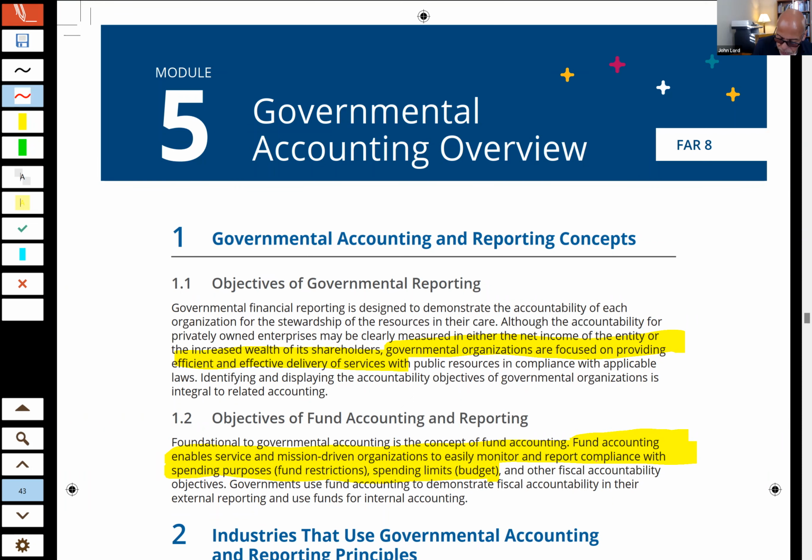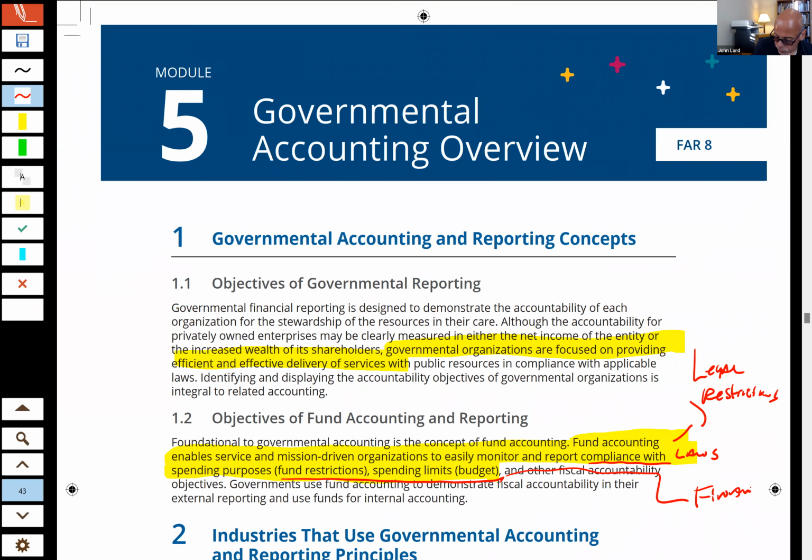Okay, so compliance with laws results in what? Legal restrictions. And fund restrictions, spending limits, will provide us with what?